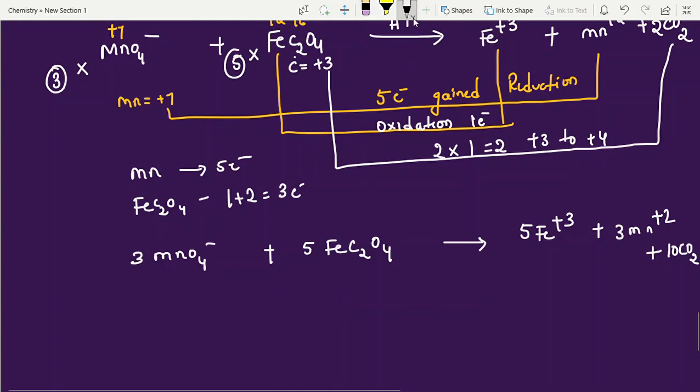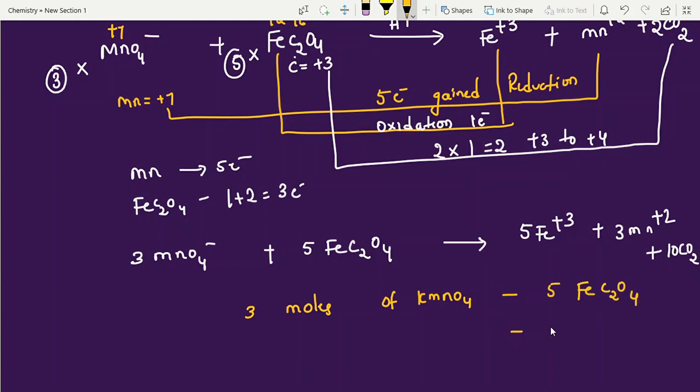Now look into this. I am giving here points. 3 moles of KMnO4 react with 5 moles of FeC2O4, iron oxalate.